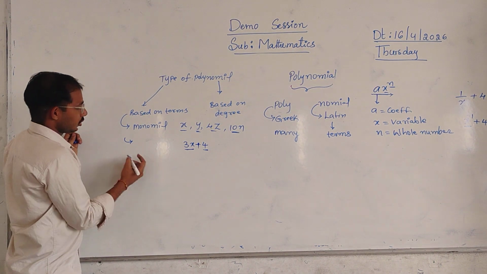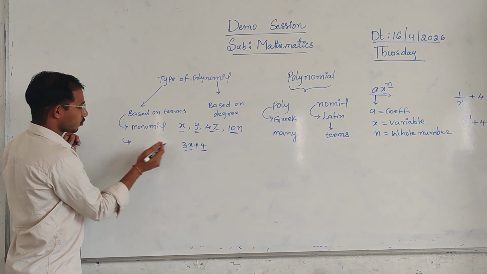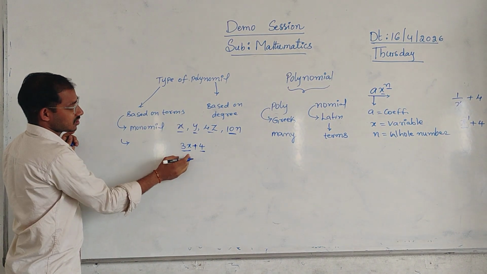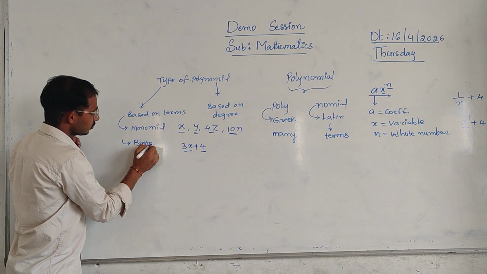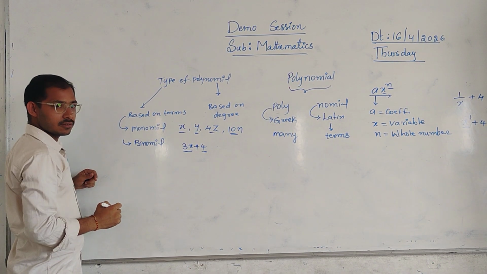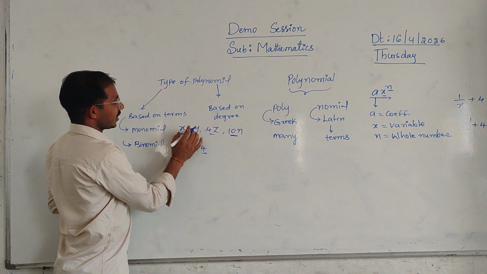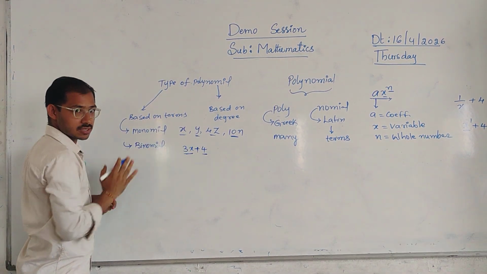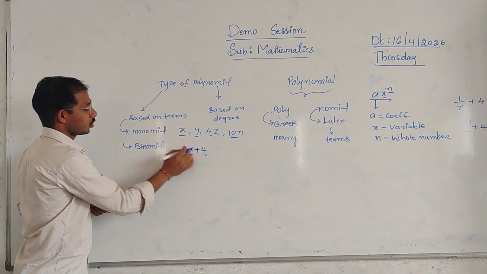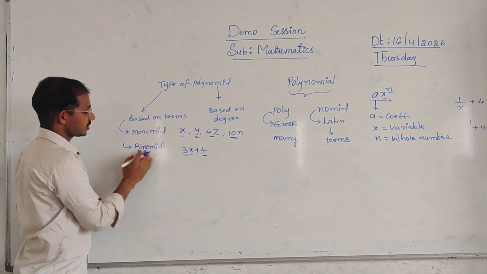If two terms are there in any algebraic expression, we call it a binomial. Whatever the degree is, we are not looking at the degree here, we are looking at the terms. A single term is a monomial. Two terms is a binomial.